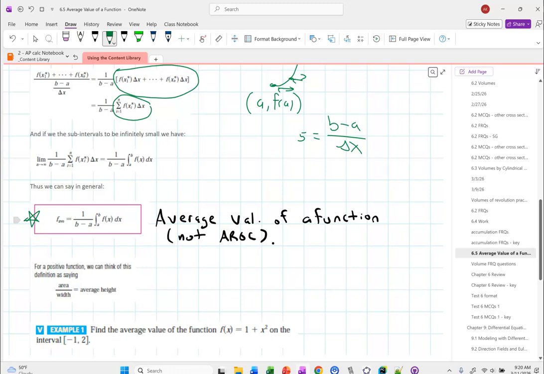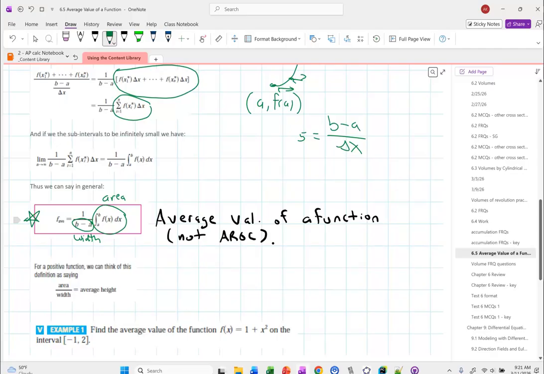That's it. So what are we really talking about? This is an area under the curve, and this is the width. So if I take an area divided by the width, that's like, if the shape's a rectangle, you're getting a height out of it.